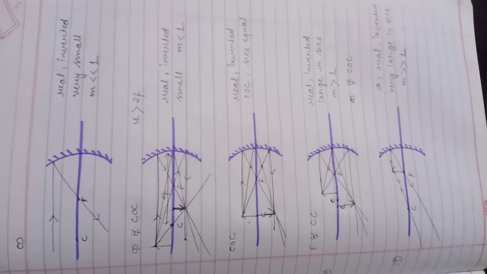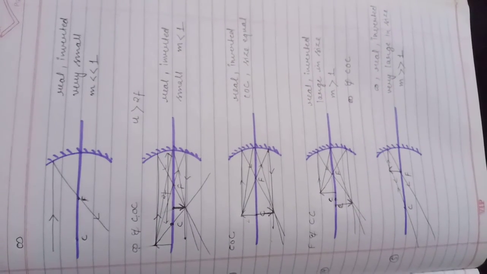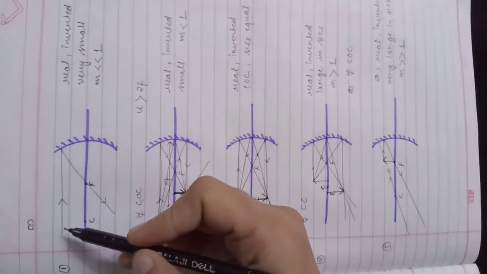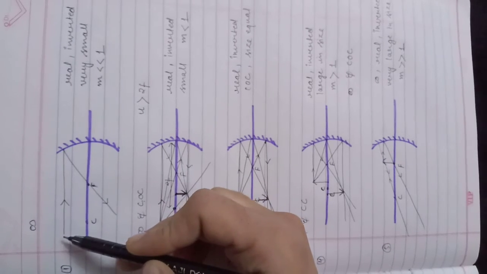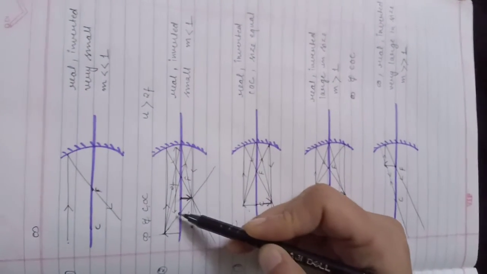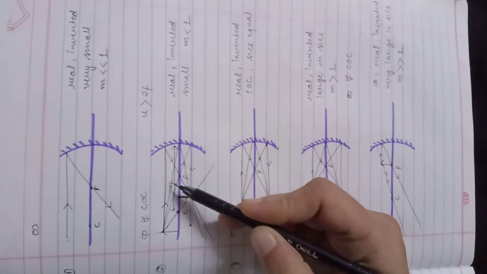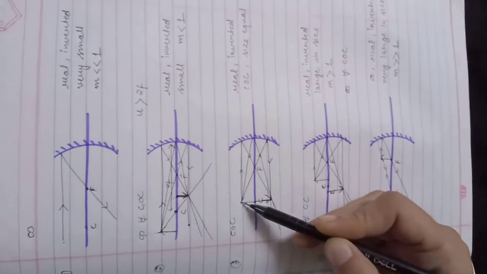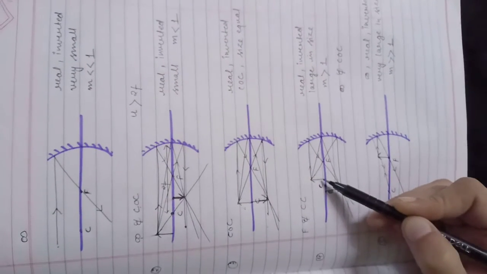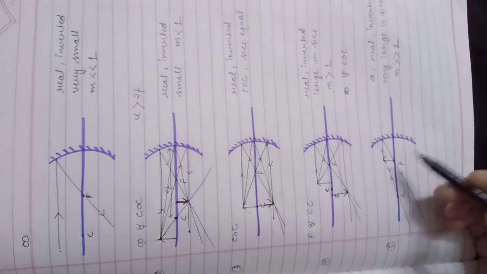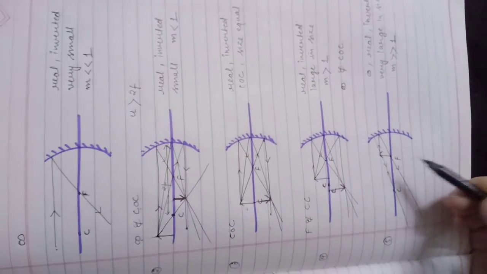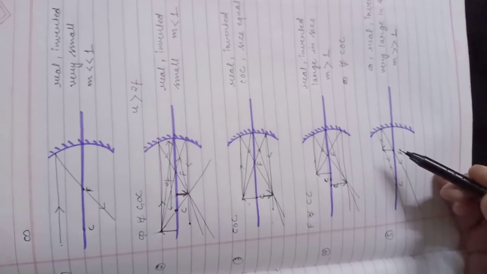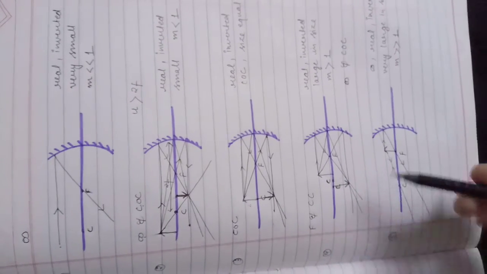So the tip is, as the object comes nearer to the focus from infinity, that is, at infinity, then between infinity and center of curvature, then at center of curvature, then between center of curvature and focus, and at focus, the size of the image becomes larger.